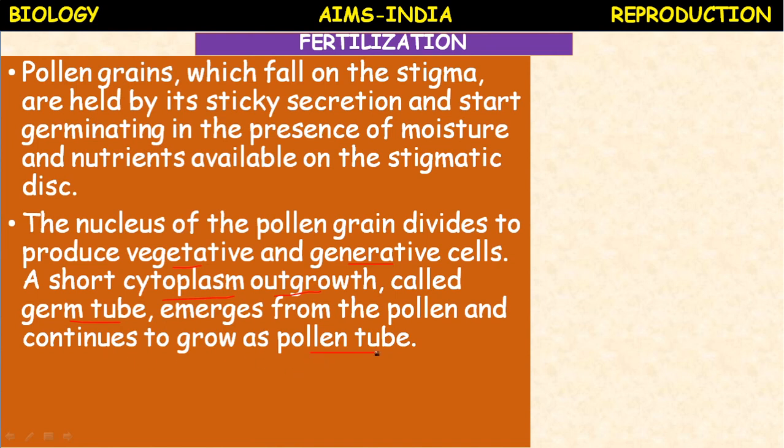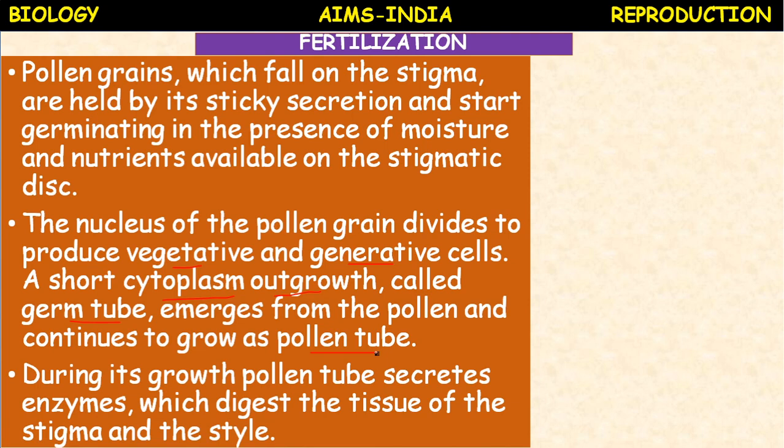So the generative cell and the vegetative cell are the two cells produced by the division of the nucleus of the pollen grain. Through that pollen tube, the two male nuclei or sperms will enter into the ovule.